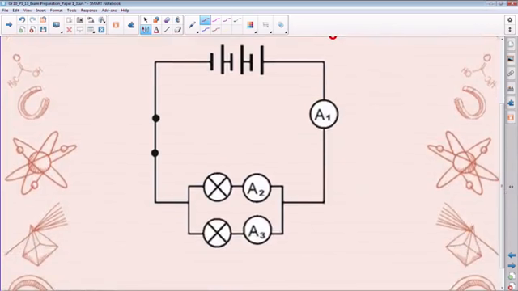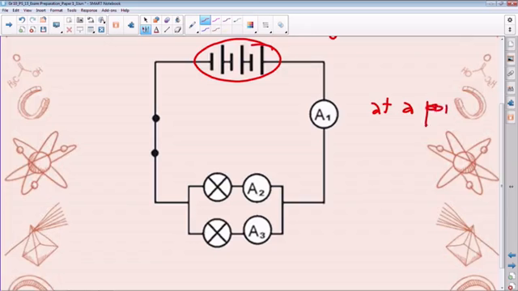It's very important to understand, this is our battery, which is a combination of cells, and that's our ammeter. Pay careful attention, it has been connected at a point which is in series. Very, very important. And then these two light bulbs are connected in such a way that they are in parallel. So as you study the diagram carefully, it is very important to take note of those.